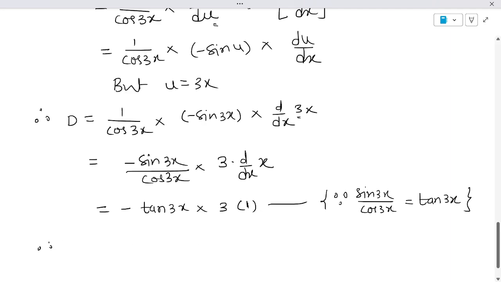So therefore this d is equal to minus 3 into tan 3x.